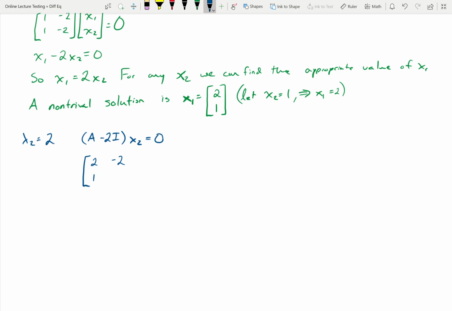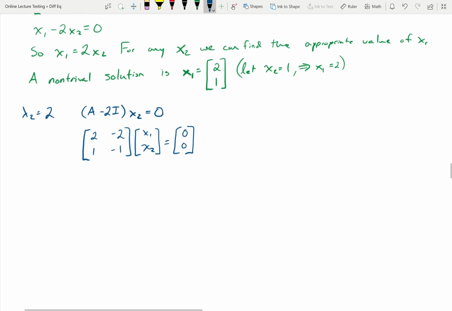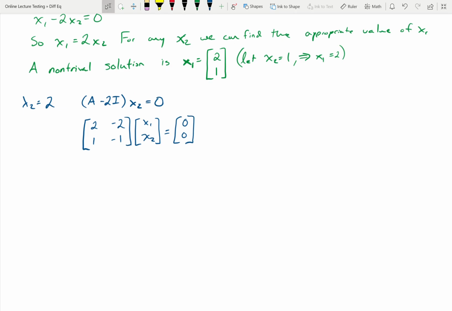And then 1 minus 2 is negative 1. And here I have x1, x2 is equal to the 0 vector here. All right. So when I solve this, I either get 2x1 minus 2x2 is equal to 0, or x1 minus x2 is equal to 0.